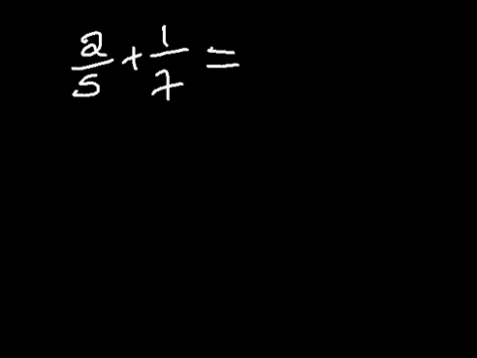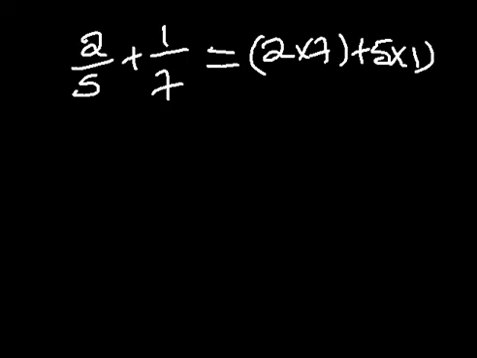Now let's say we have 2 over 5 plus 1 over 7. What is the addition of these two fractions using the butterfly method? In this case, we have 2 times 7 plus 5 times 1, divided by 5 times 7.